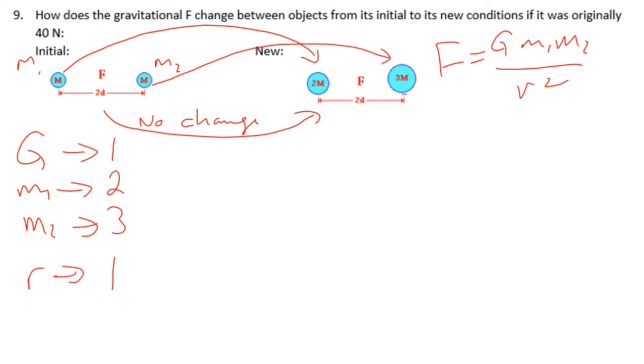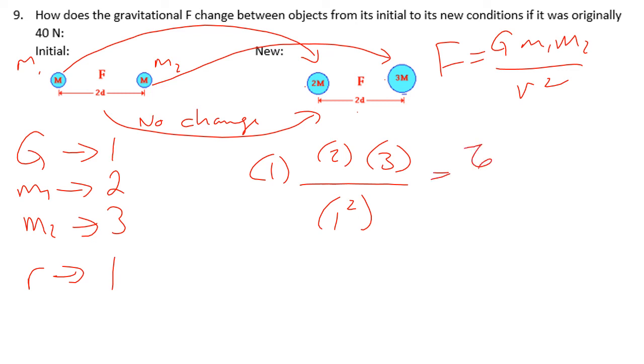So we're always looking to see how it changed. You can't just write 2 for M1, 3 for M2, and then 2 for the radius. We don't go by the numbers that are over here on the right side for new. We go by how it changes. So we're going to take that information. G is 1, M1 is 2, M2 is 3, and the radius is 1. We square that as the equation tells us to do.